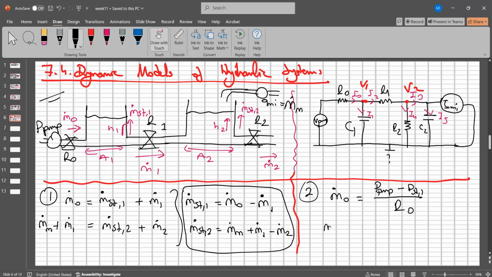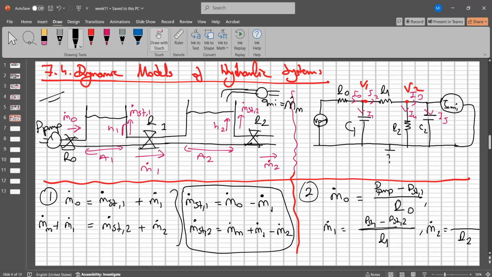And so what is the m1 dot? What's the resistance value of this term? Yes. And so what is the m2 dot? What is the resistance?